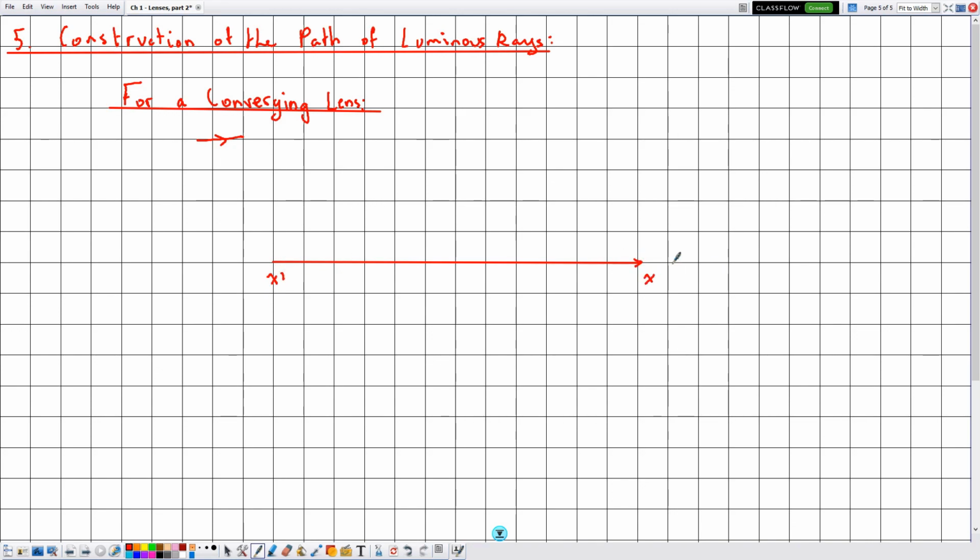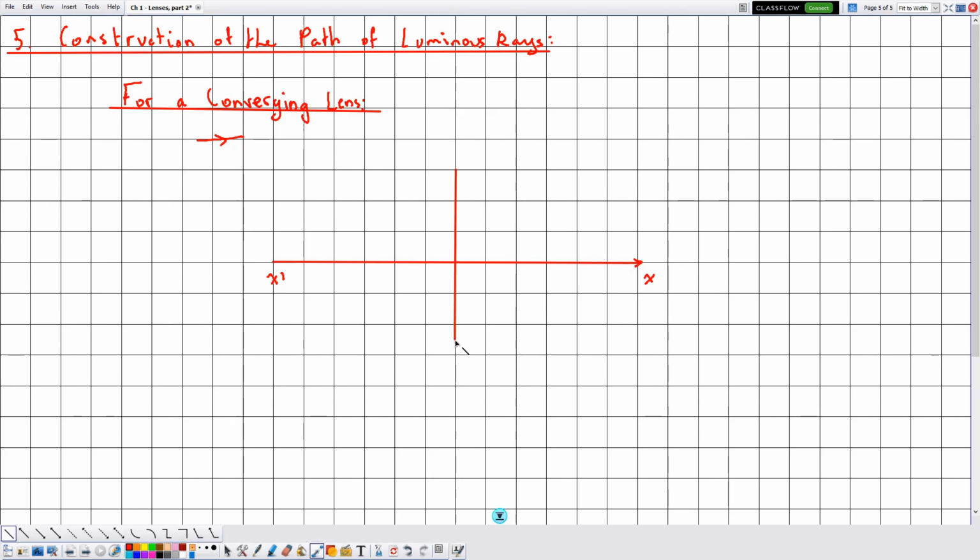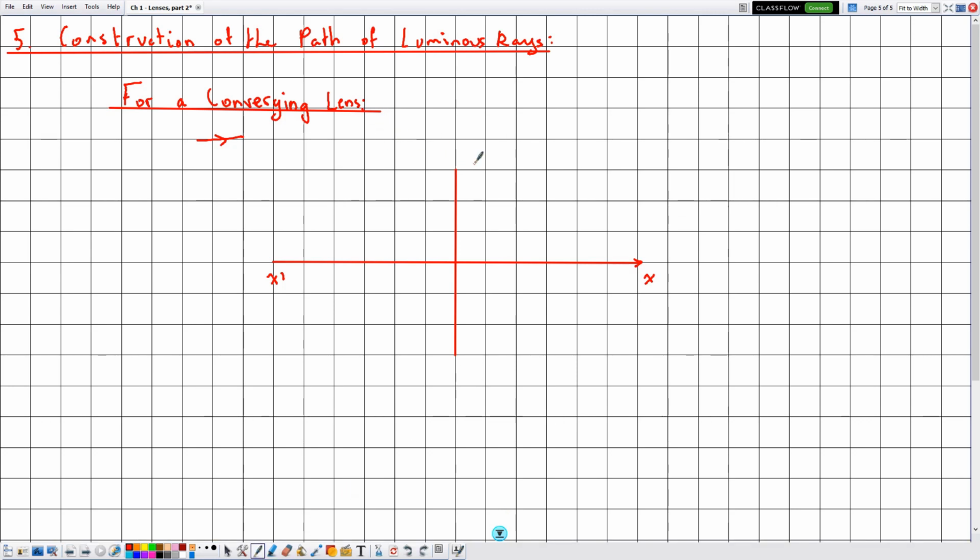Then we place the lens L perpendicular to the optical axis at the center using the correct symbol. Here we are concerned about a converging lens. This is the symbol of a converging lens. And the intersection between the optical axis and the lens L is the optical center O.